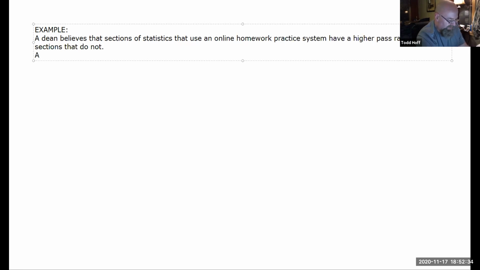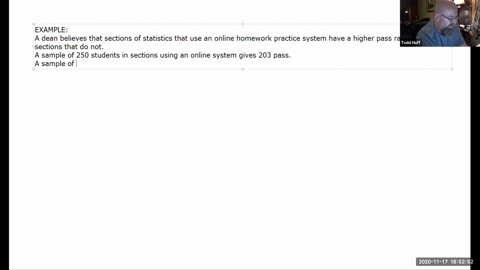So independent random samples are taken, a sample of 250 students in sections using an online system gives 203 pass.